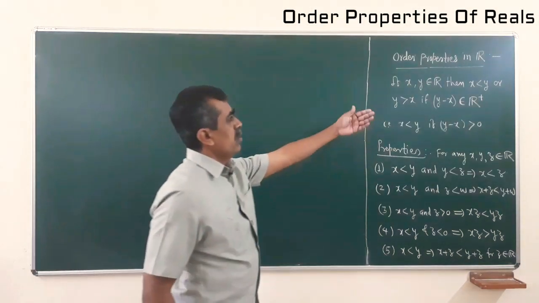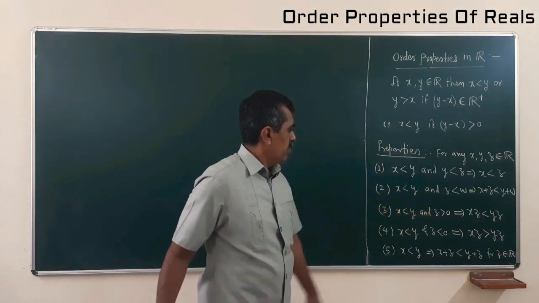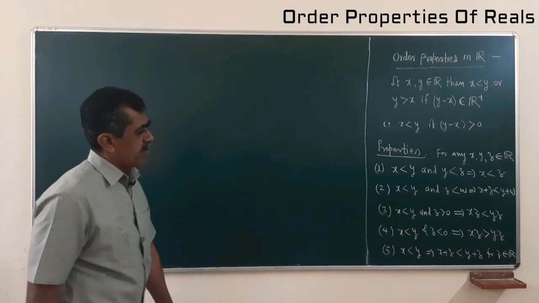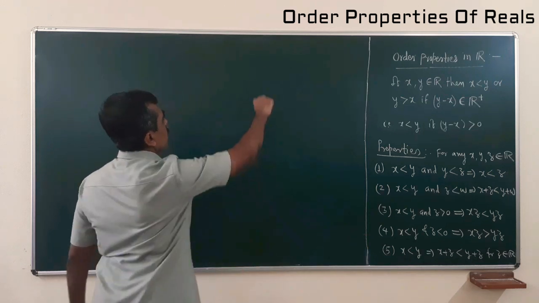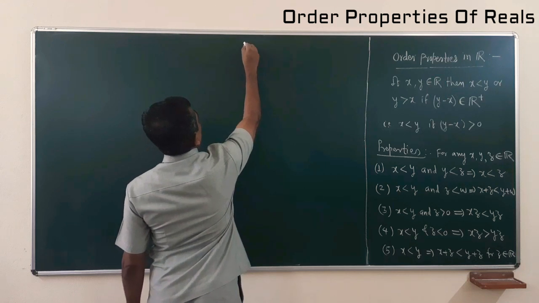Now, let us do the third property of real numbers. x less than y and z greater than 0 implies xz is less than yz.